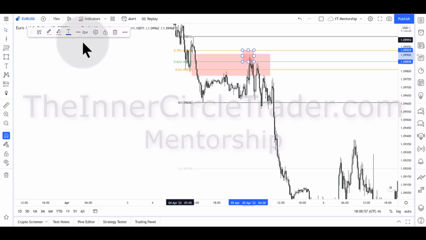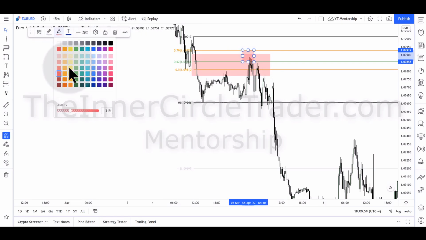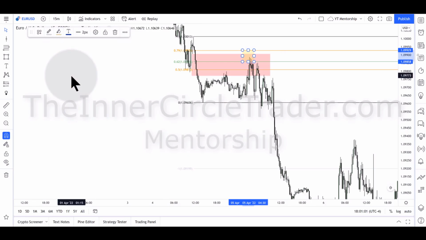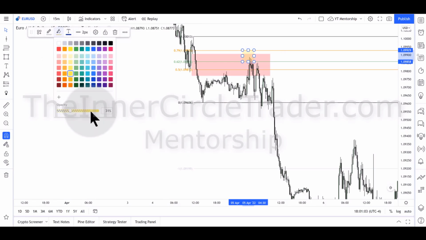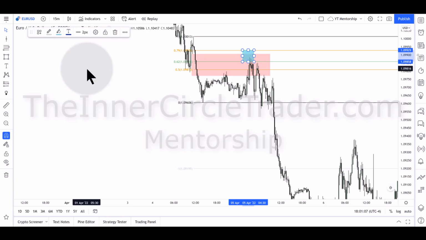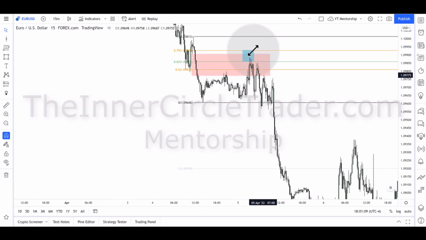Right there, and we'll shade that. And I'm only doing this so that way you can visually see. That's probably not the best of it. That's good, yeah. All right, so this is optimal trade entry in terms of price range and inside of that hourly imbalance. So overlapping elements of price.